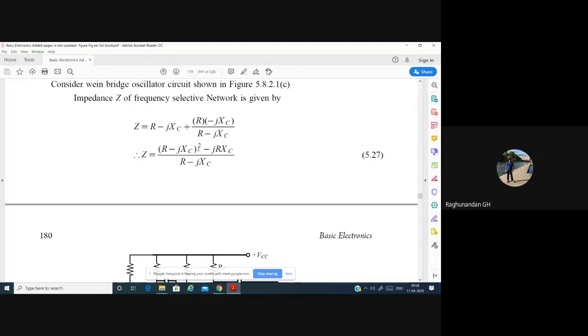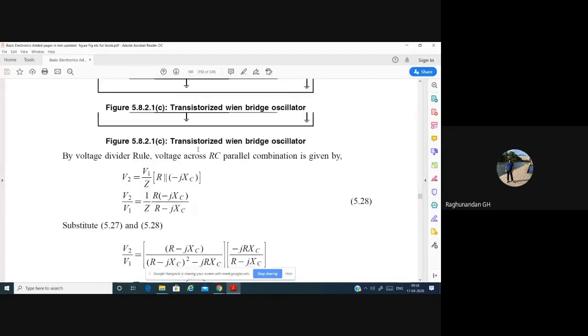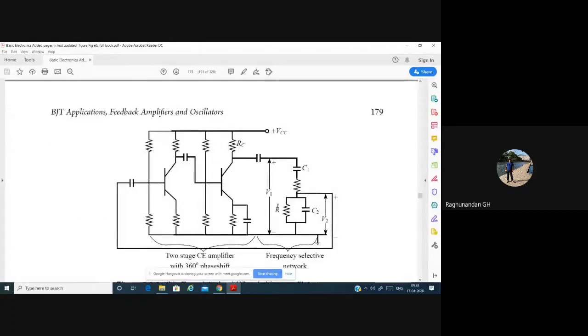R minus jXC whole square minus jRXC. So we came to know the total impedance we are having, which is produced by this one.